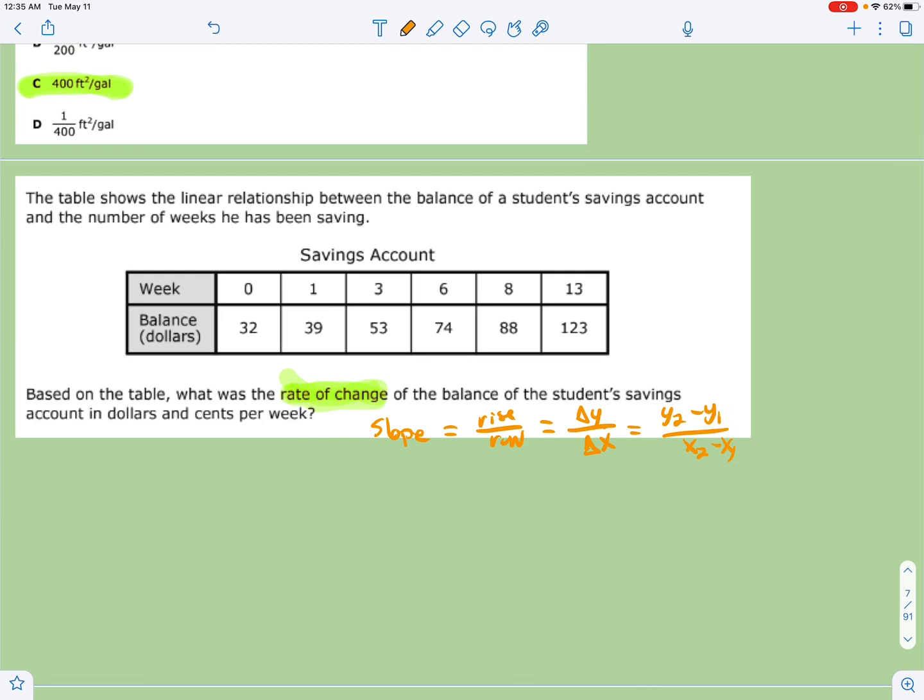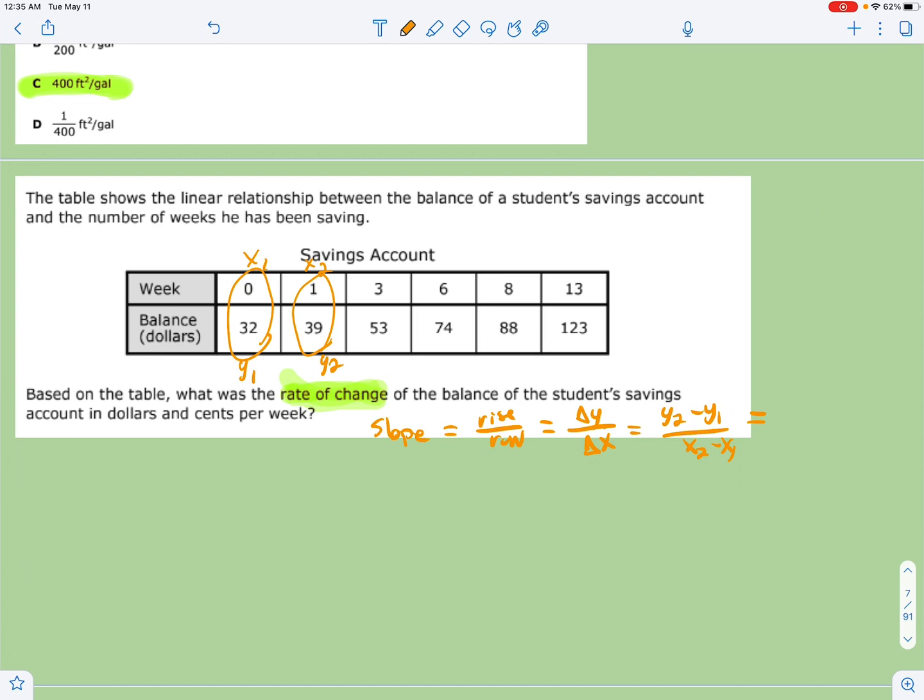So, what do we do when we're given a table? Well, we need to identify 2 points in the table. Let's say (0, 32) and (1, 39). Or we can put it in the calculator. We have a couple of ways of doing this. But if we identify 2 points in the table, we know that this is our second y, y2. This is our first y, y1. This is our x2, and this is our x1. So we could just plug it into this formula.